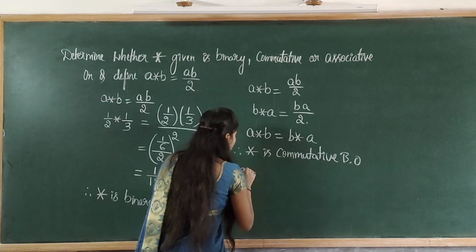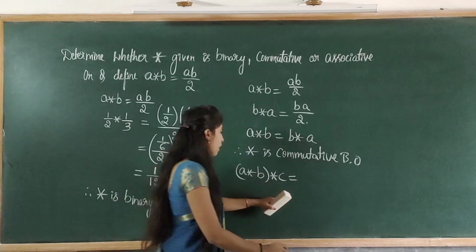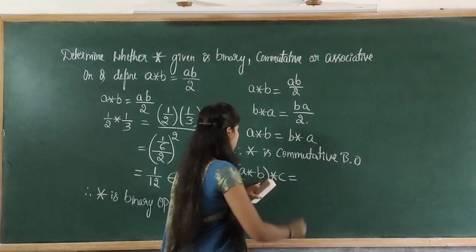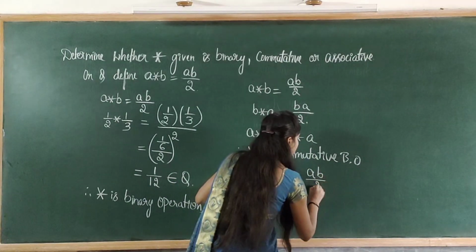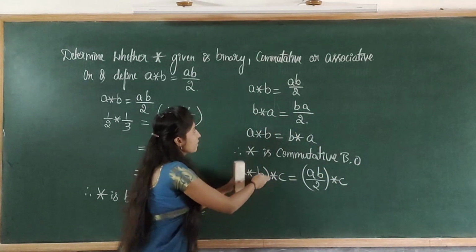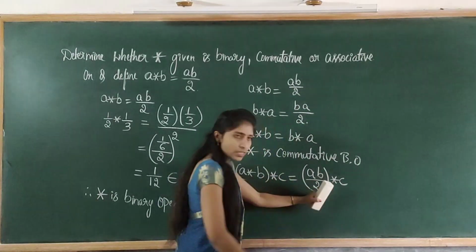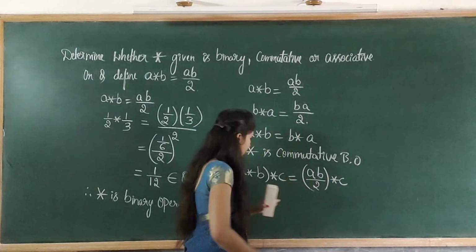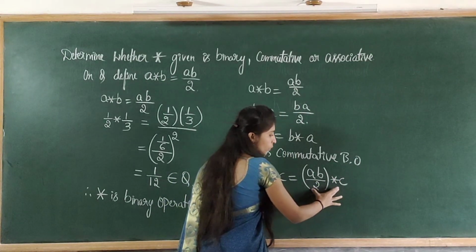(A star B) star C. For that, I am taking A star B, which means AB by 2, star C. I am considering this A star B as AB by 2 star C. Now it is in the form of A star B, so we have to write this is A and this is B, both divided by 2.